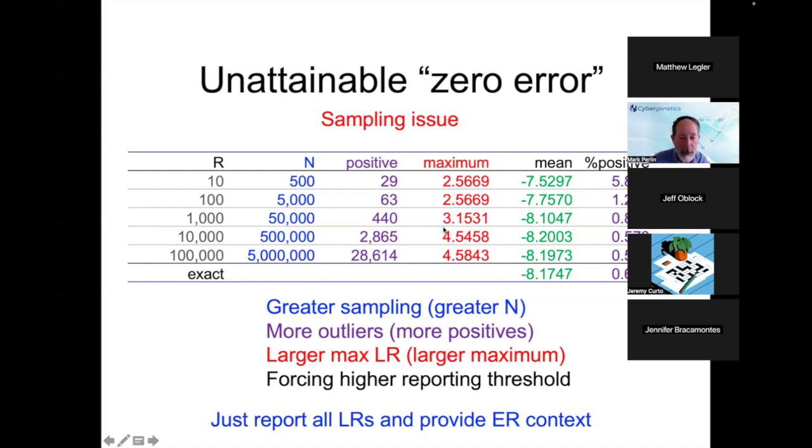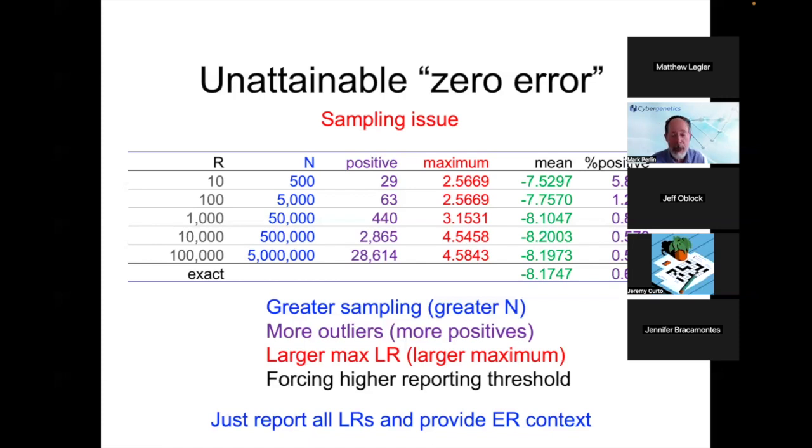10,000. But if you keep going, and in blue in the table, we see N going up to 500,000. Now there's almost 3,000 positives in purple, and the largest one is 4.5 log units. So now you're going up to 4.5, and now maybe you'll start setting your reporting threshold to 5.